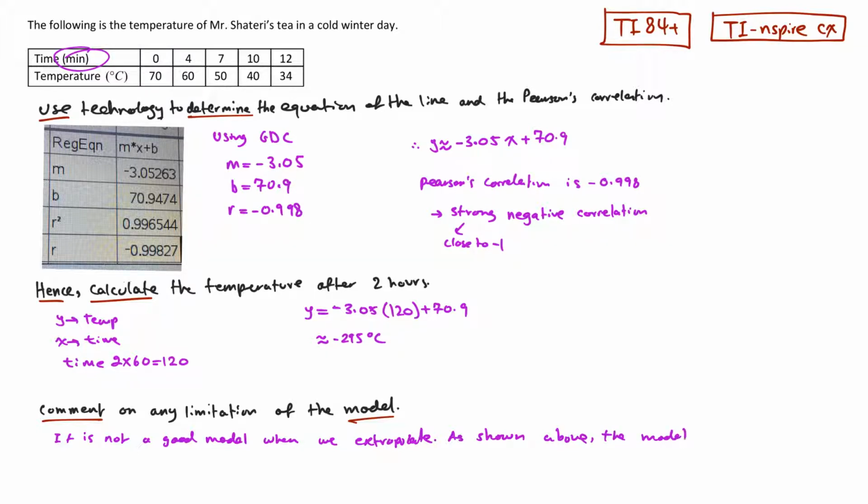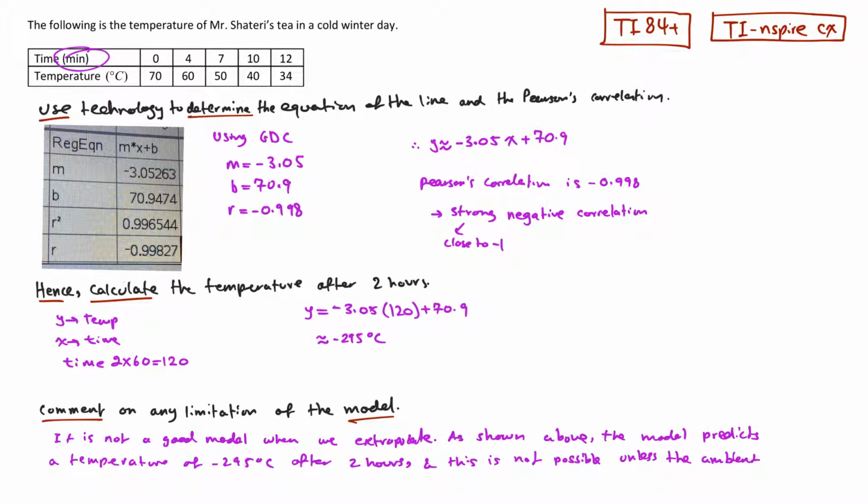The model predicts a temperature of negative 295 degrees Celsius after 2 hours, and this is not possible unless the ambient temperature is that low.